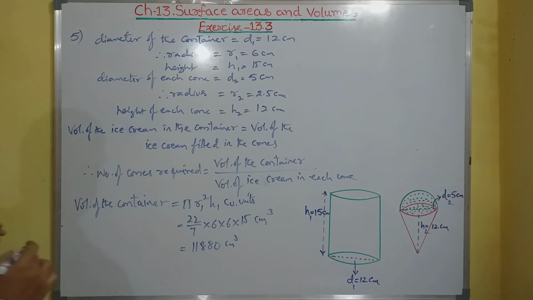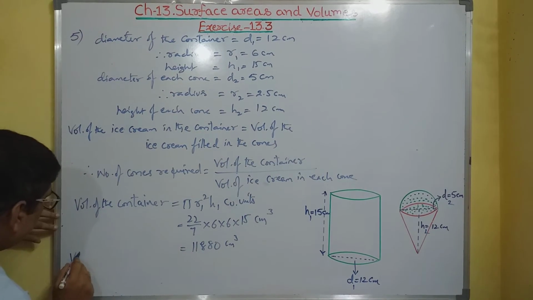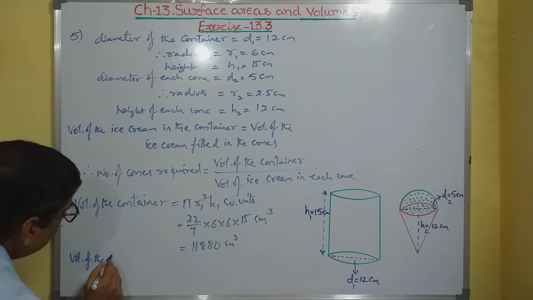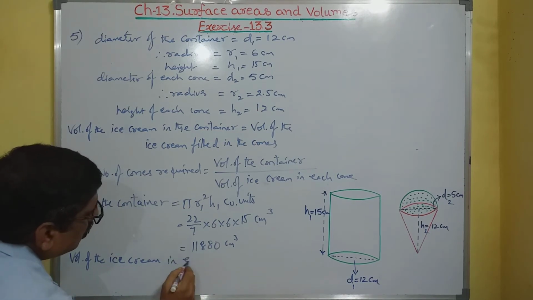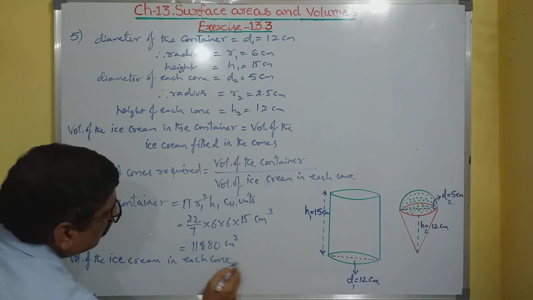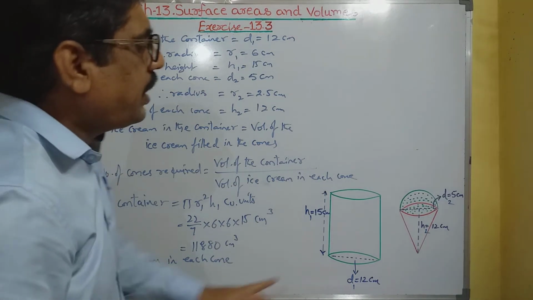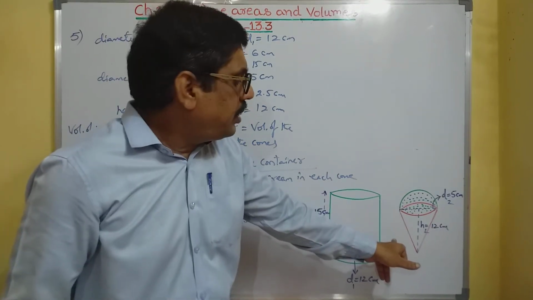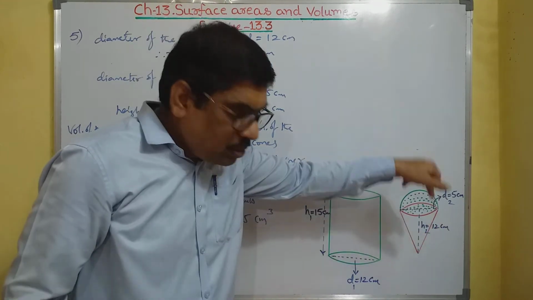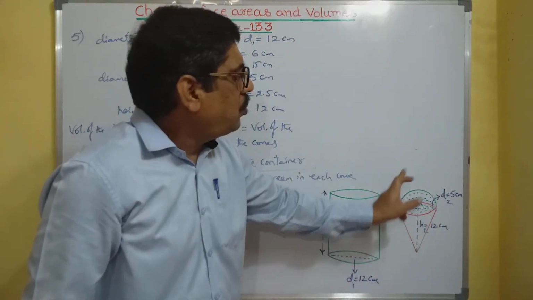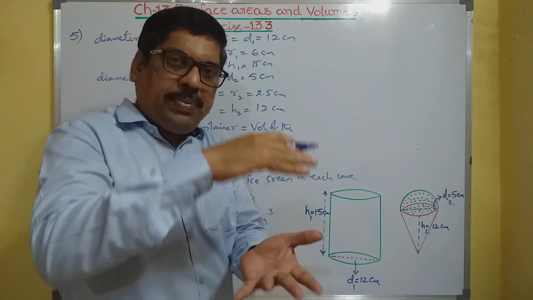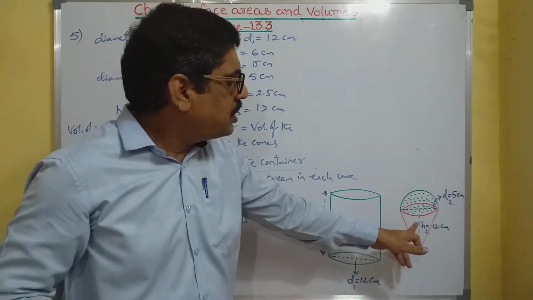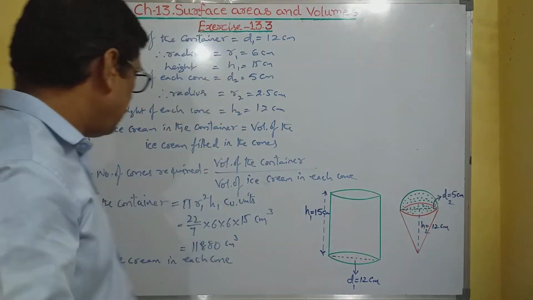Now volume of the ice cream in each cone. Okay, see here, ice cream is filled into the cone and it has also been put in a hemispherical shape at the top. So this is the combination of cone and hemisphere.